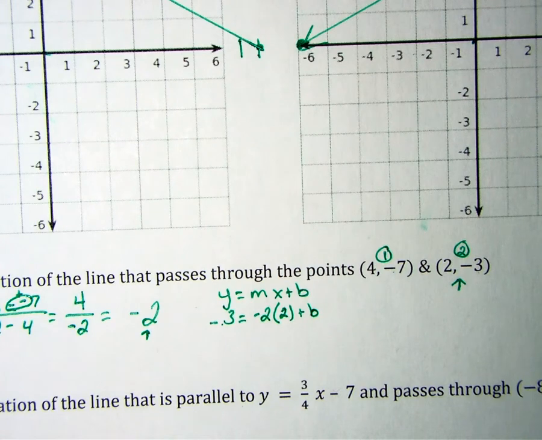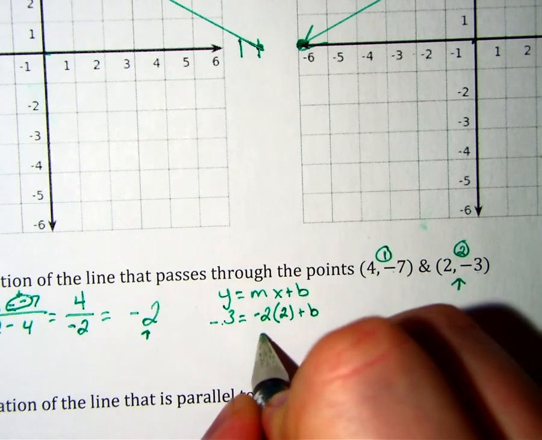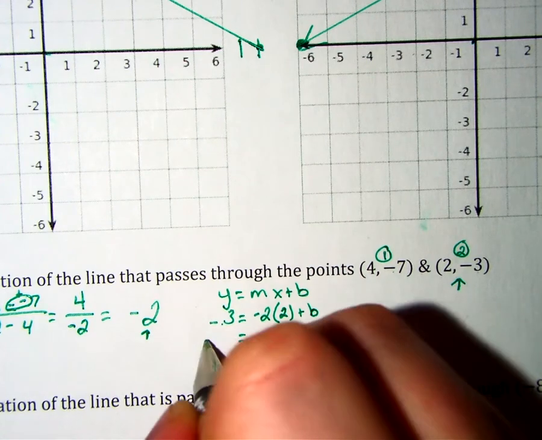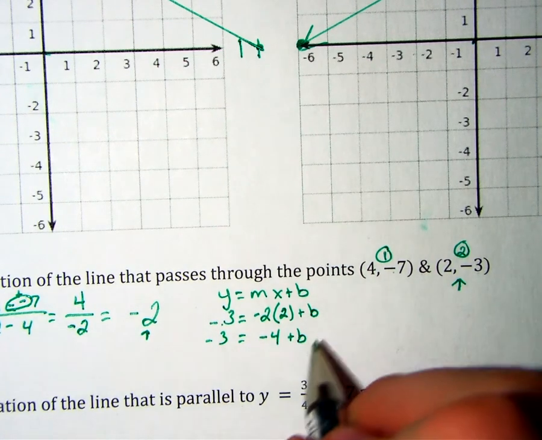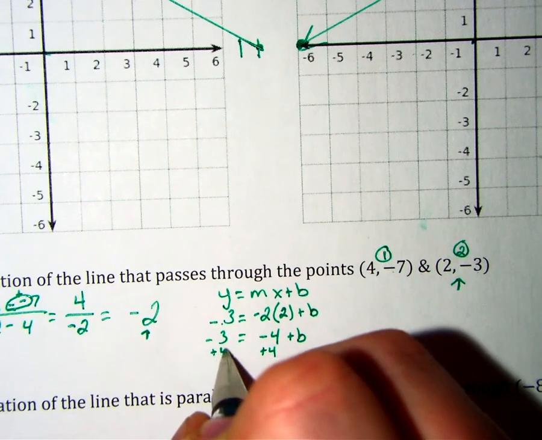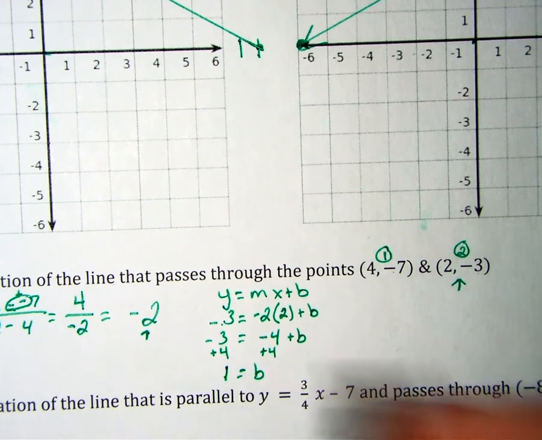B is what we're looking for. It's the only thing that we're missing to be able to set up an equation. -2 times 2 is -4, plus b is still equal to -3. We want to isolate and get b all by itself, so we add 4 to both sides. -3 plus 4 is 1, is equal to b.